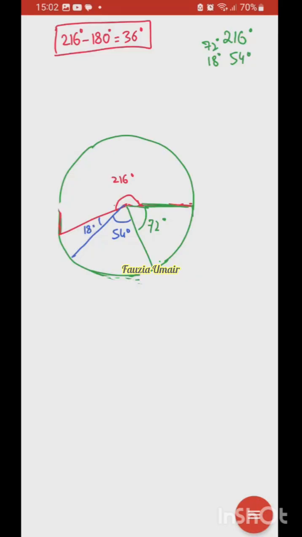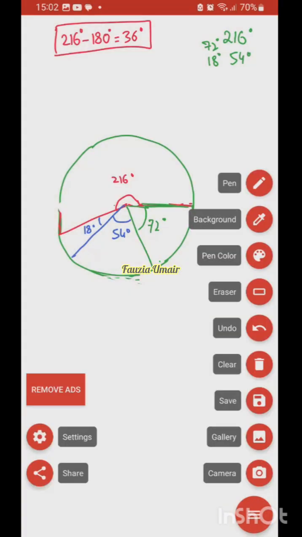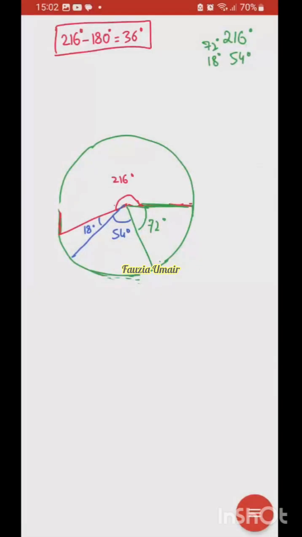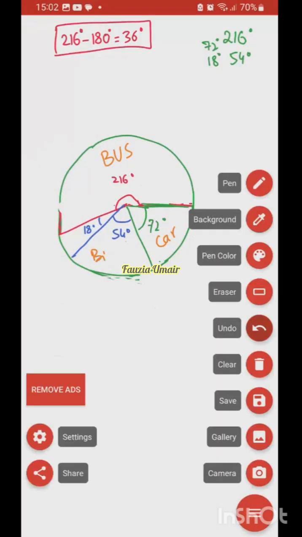The degrees are also there, but you need to label the values also, because the reason for a pie chart is that it shows the data better. Once we look at the pie chart, we know how many students are going by bus, how many by car, by bicycle, and lastly by foot. Bicycle was 18%, right?